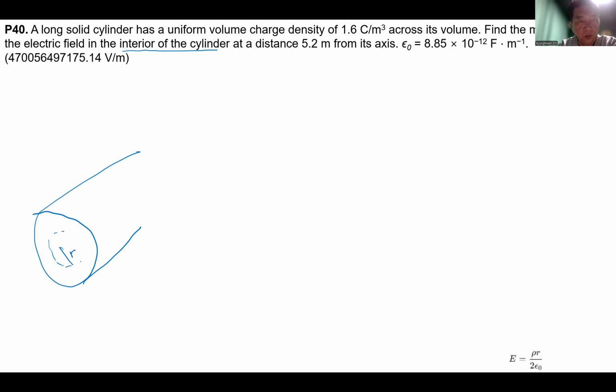We have a Gaussian surface, which is also another cylinder. And then we are going to assume that the electric field is like this. And then we are trying to get the surface integral for the electric field, and then find the Q enclosed.